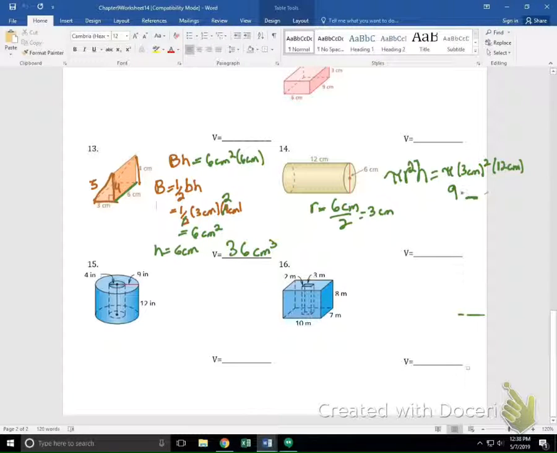That gives me 9 times 12 pi centimeters cubed. So 9 times 12 is 108 pi centimeters cubed. 108 times pi gives me 339 centimeters cubed.